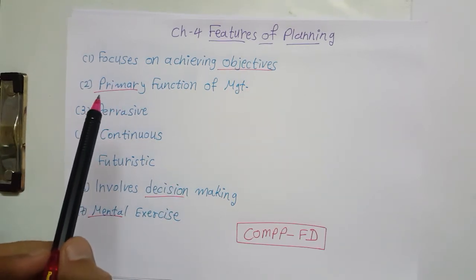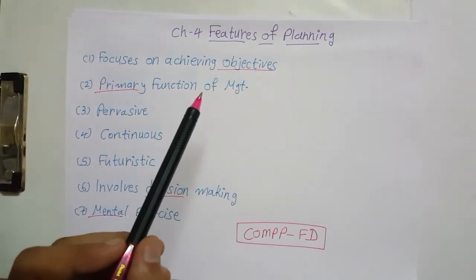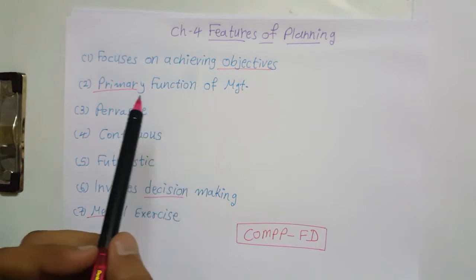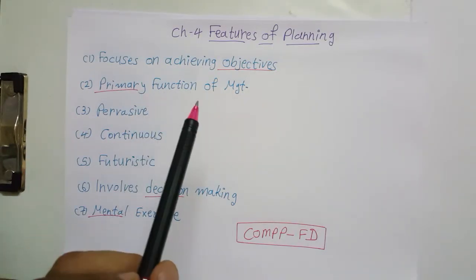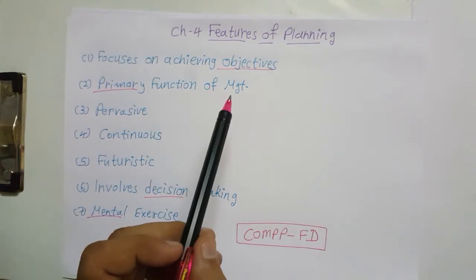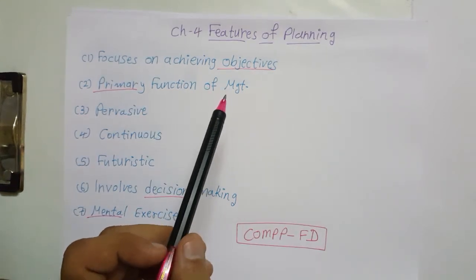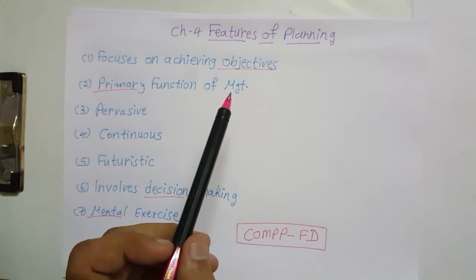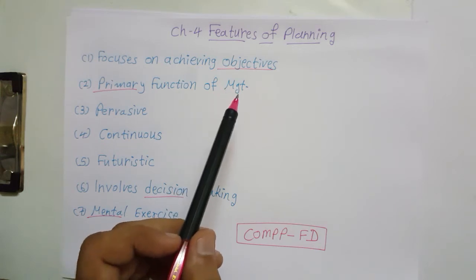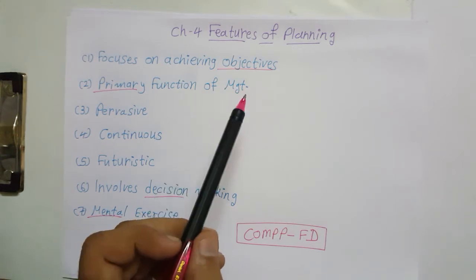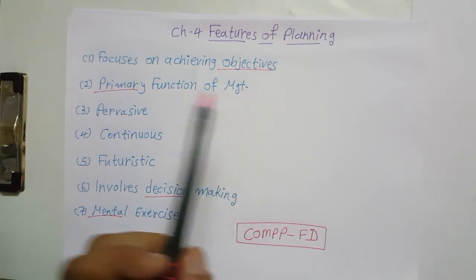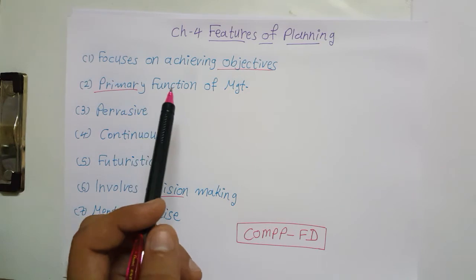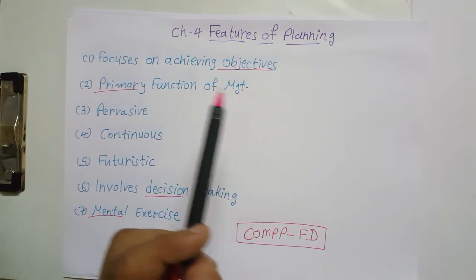Next, planning is the primary function of management. Management's first function is planning. The other functions of management, like organizing, directing, staffing and controlling, they all move behind the planning. First this function is there, and afterwards other functions will follow.